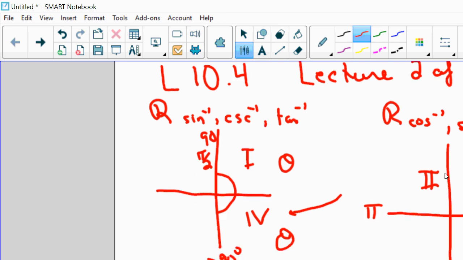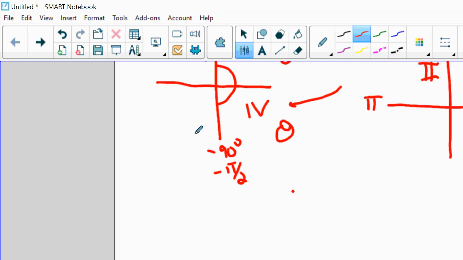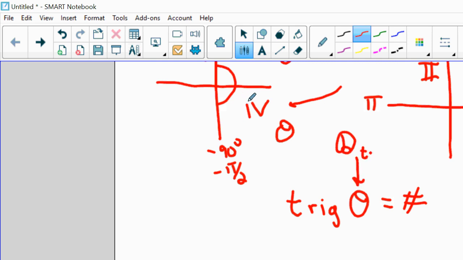And finally, trig of an angle equals a number, where this is the domain of the trig functions, and this is the range of the trig functions.